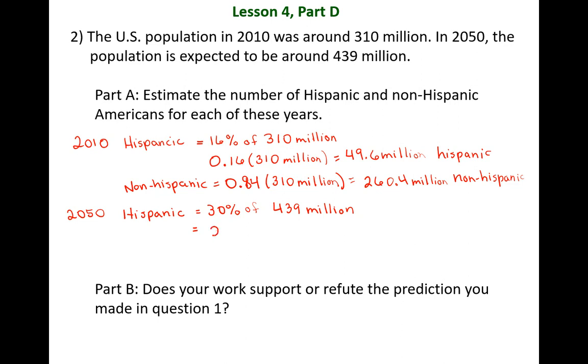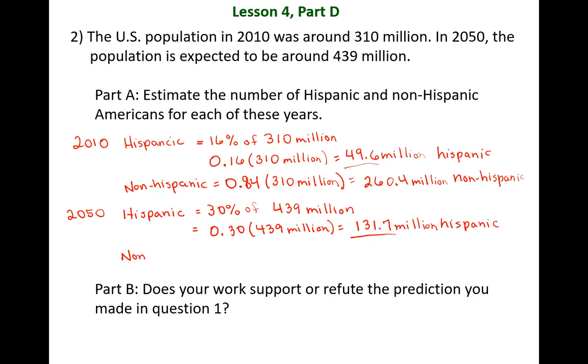So 30%, 0.30 times 439. 0.30 times 439, that's 131.7 million Hispanic citizens. Notice that's a huge increase from 49.6 million to 131.7. That's more than double. It's close to tripling.